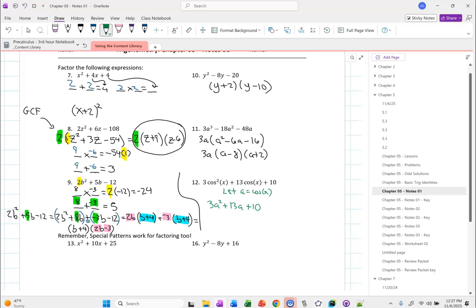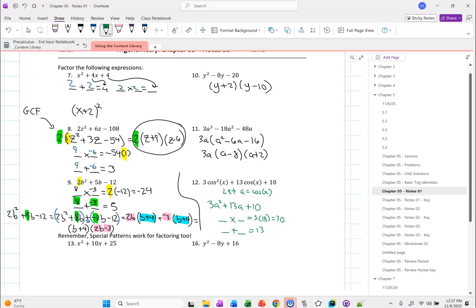Does that feel okay? So how would I go about factoring 3a squared plus 13a plus 10? Multiply 3 and 10, and then find two numbers that add to 13. That adds to give us 11, not 13.